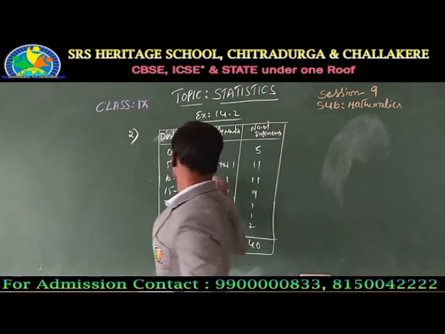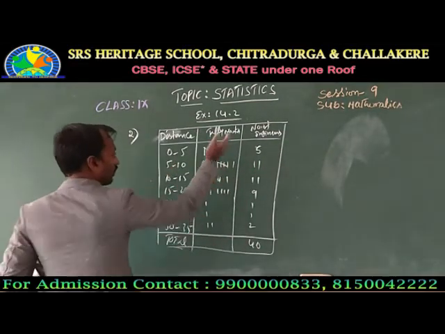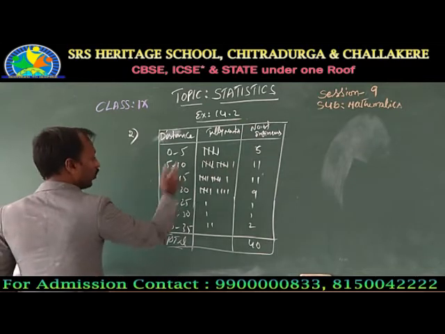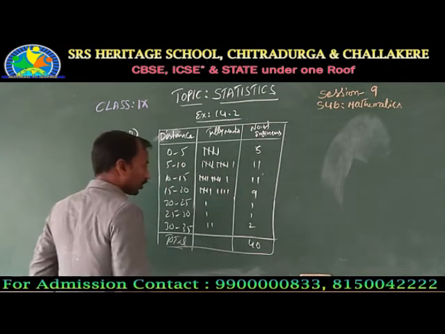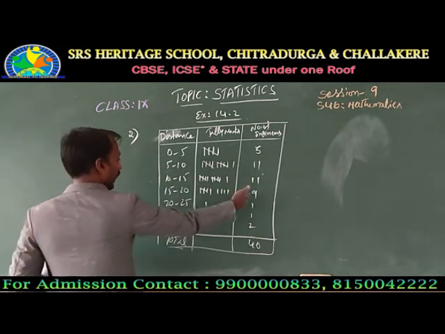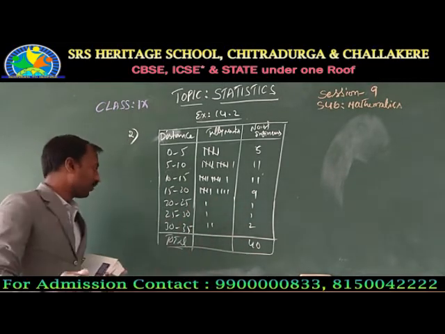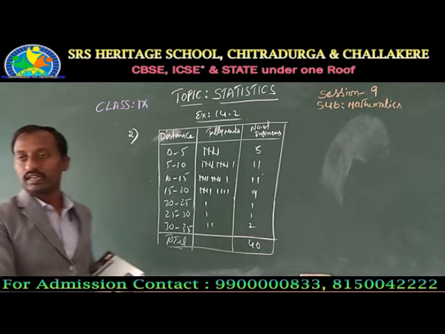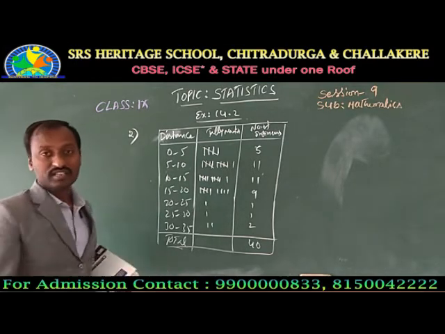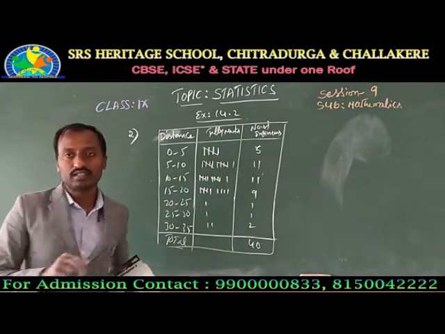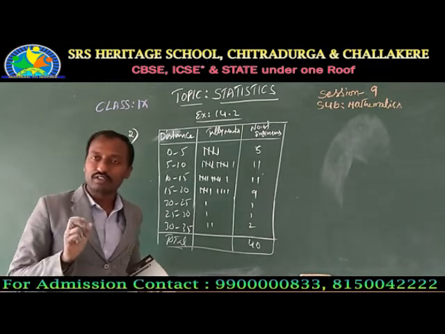Look at this one. There are 11 members between 5 to 10 kilometers and 11 members 10 to 15 kilometers, and 9 members 15 to 20, 1 member from 20 to 25, 1 member from 25 to 30, and 30 to 35, these many engineers are there, distance between their residence to their workplace. What is our observation?